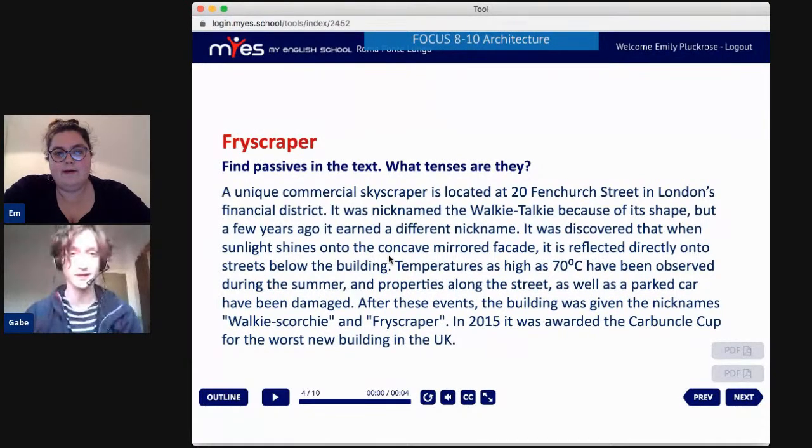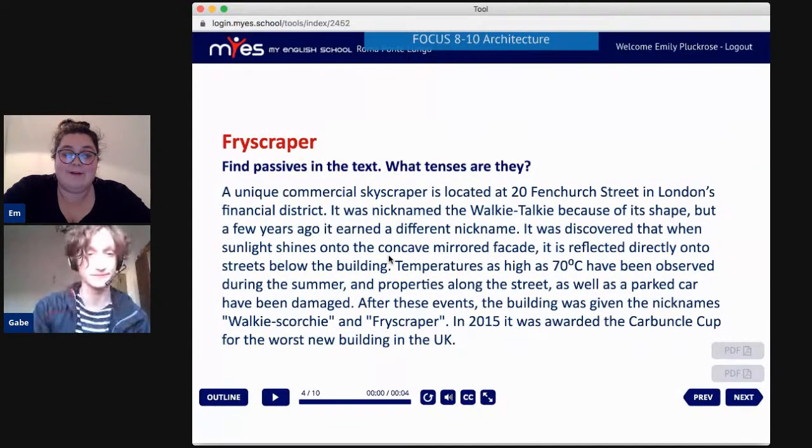Temperatures as high as 70 degrees Celsius have been observed during the summer, and properties along the street, as well as a parked car, have been damaged. After these events, the building was given the nickname Walkie Scorchy. In 2015, it was awarded the Carbuncle Cup for the worst new building in the UK.